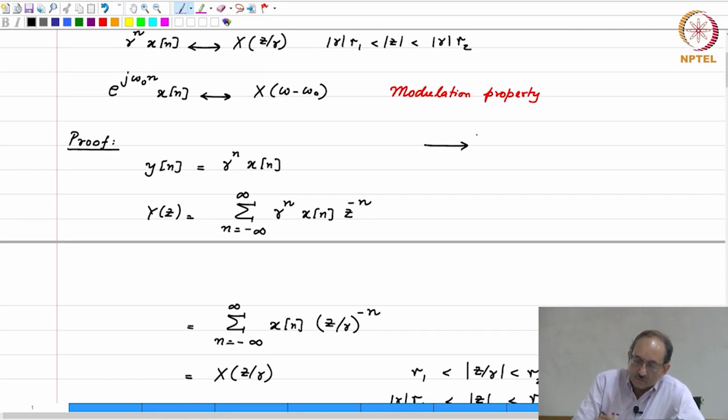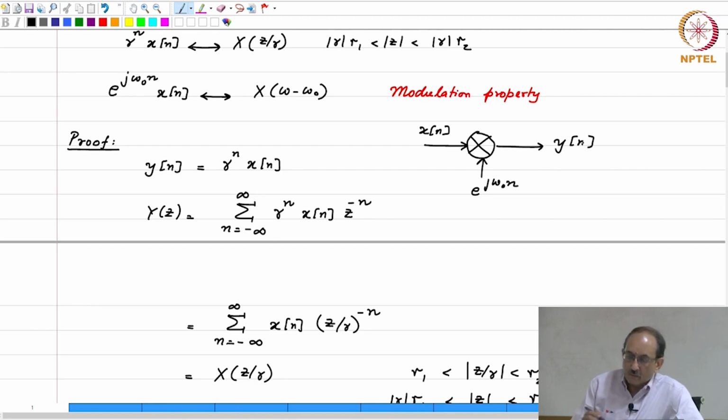So, you have x of n and you have e to the j omega n, and this is y of n, and this modulator is a linear system. This is time variant because of the time varying gain.